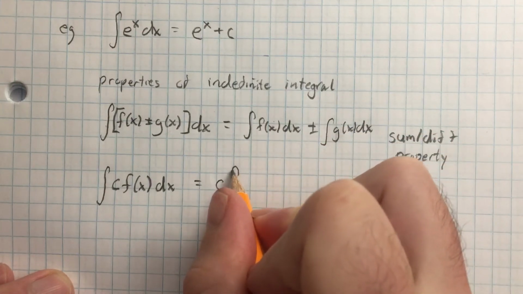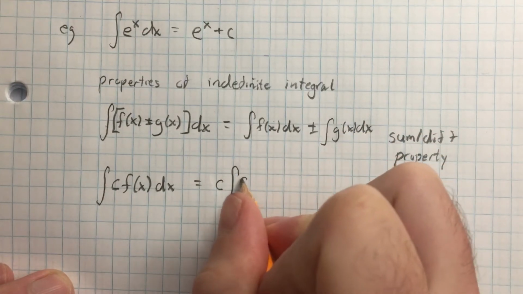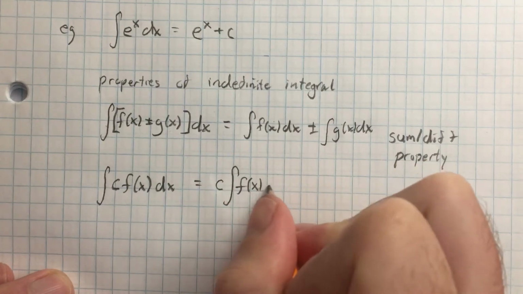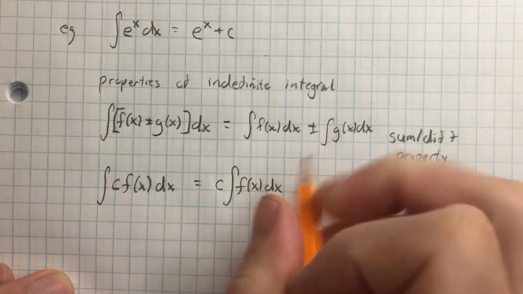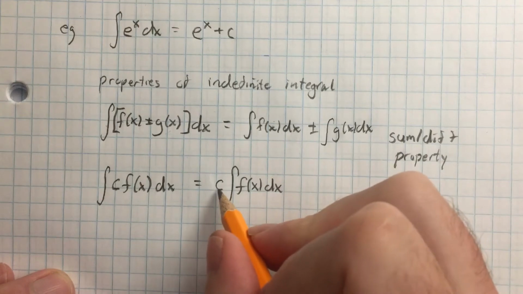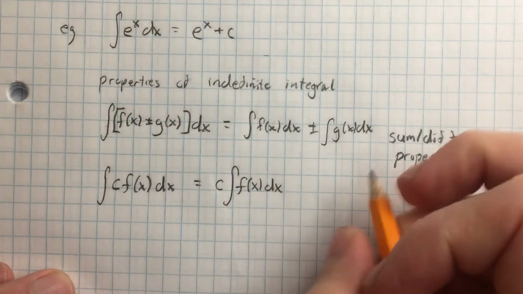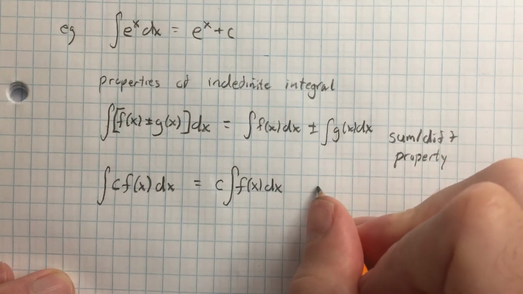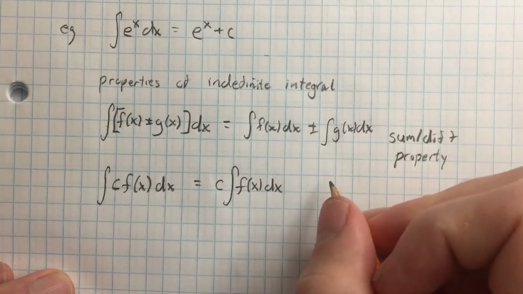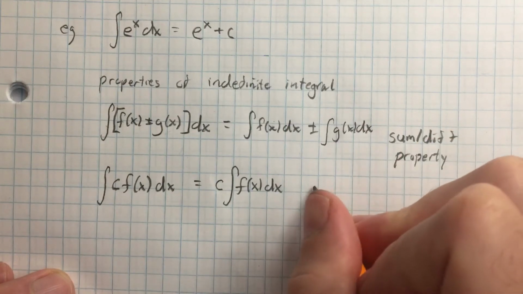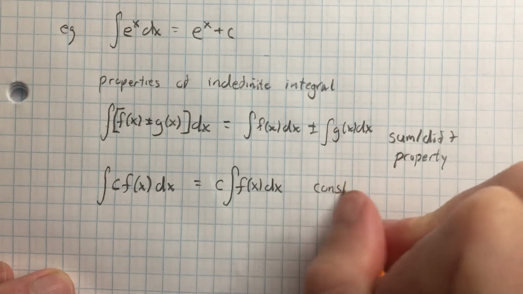So the constant multiple comes on the outside, and you can simply take the antiderivative of the variable part of the function and then multiply by that same constant after the fact. So therefore, this is our always reoccurring constant multiple property.